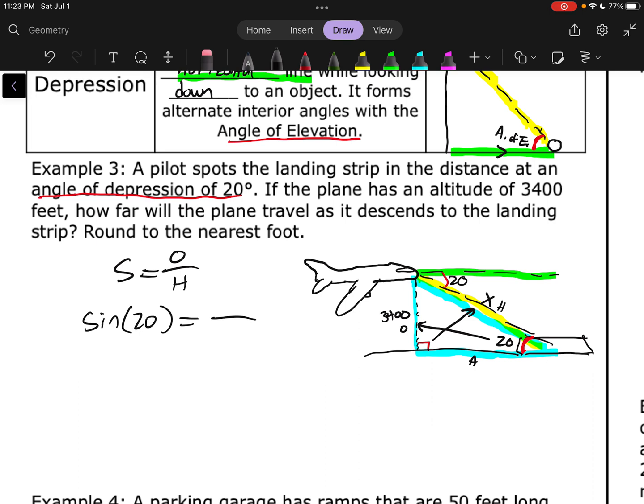The angle is 20. This is 3,400 over X. I'm going to cross multiply. No, that's not right. This should be 3,400 is equal to X times sine of 20. Divide by sine of 20.